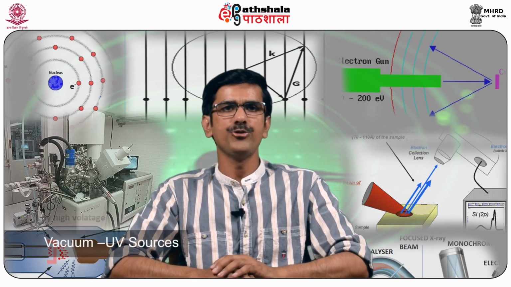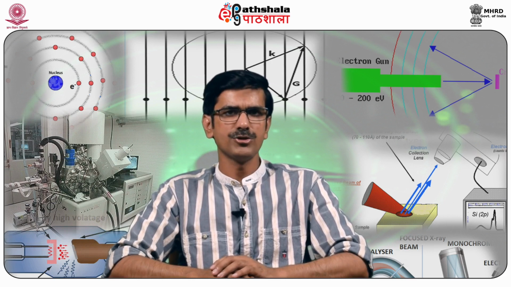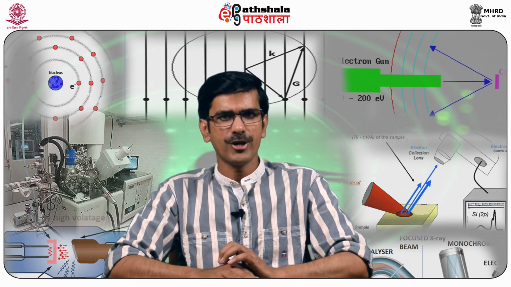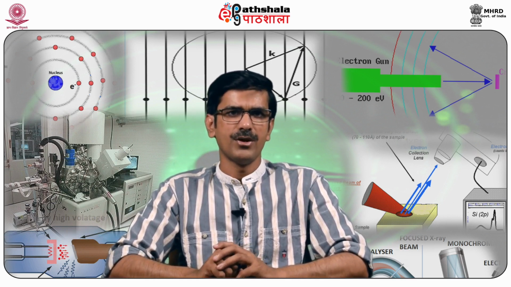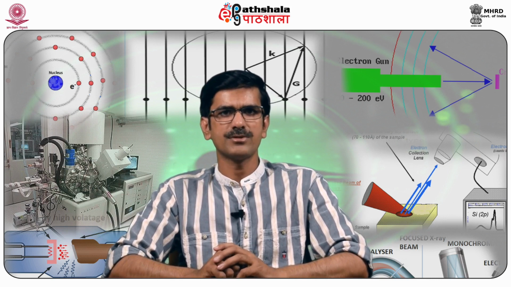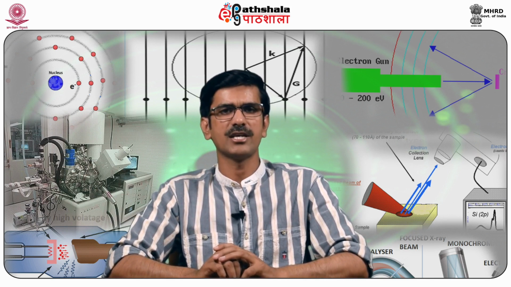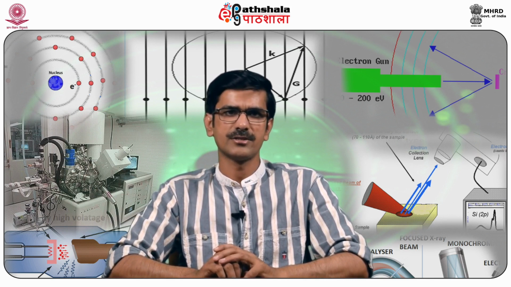Now, the vacuum UV sources. The most important source of radiation for photoelectron spectroscopy of the outer shell are vacuum UV lamps. The spectra created in these lamps contain sharp lines. These are formed as a result of de-excitation of the excited free atoms or ions.